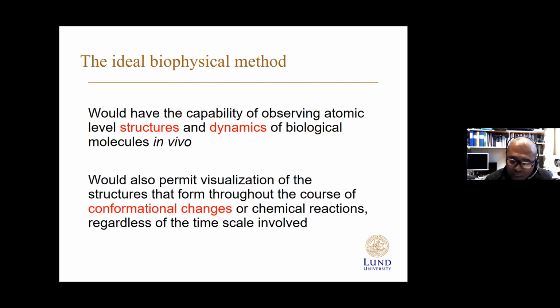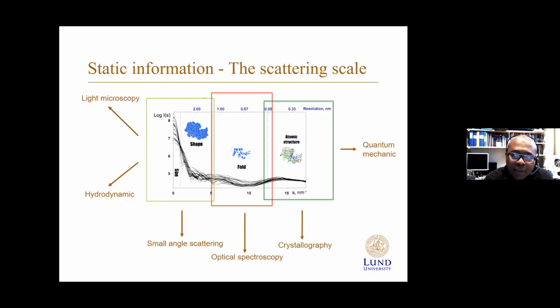But if we look carefully and take this type of information from the scattering scale, we could see and map different techniques. So let me walk you through this particular diagram. This scattering scale in the middle here is basically the type of data that you will get from small angle scattering pushed towards diffraction.